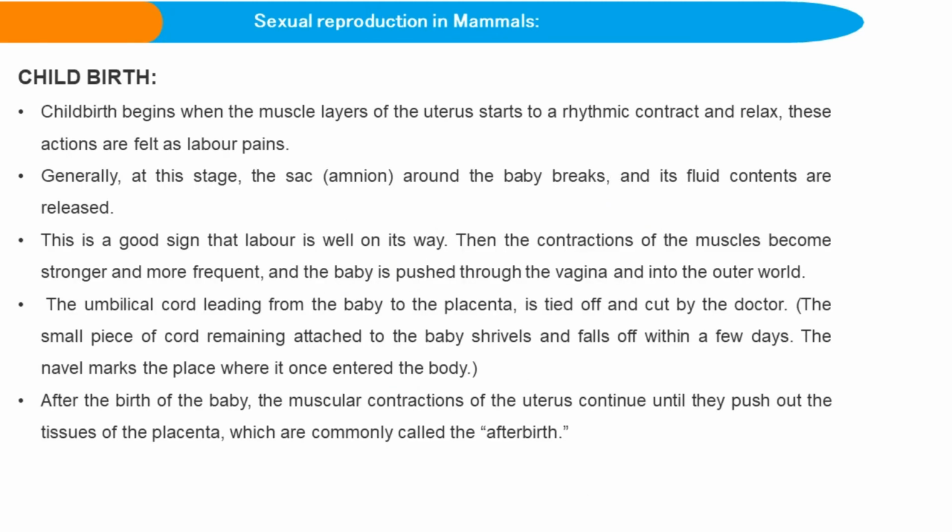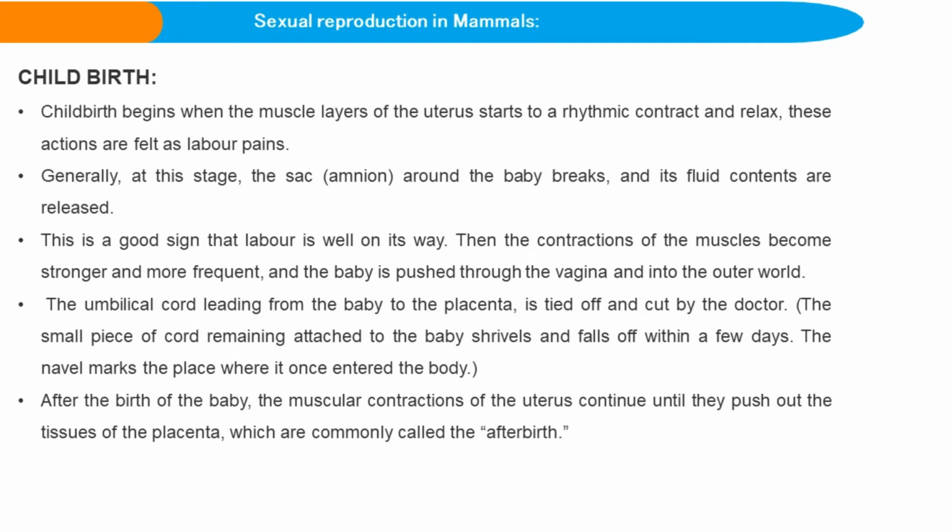Moving on to the next topic, that is childbirth. Childbirth begins when the muscle layers of the uterus start rhythmic contraction and relaxation, which are felt as labor pains. So before the childbirth, the muscles of the uterus contract and relax, and these are known as labor pains.